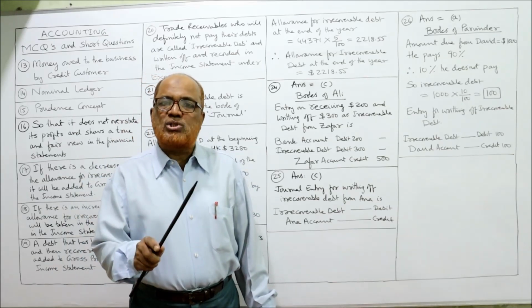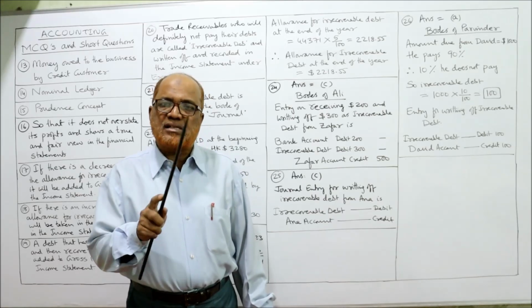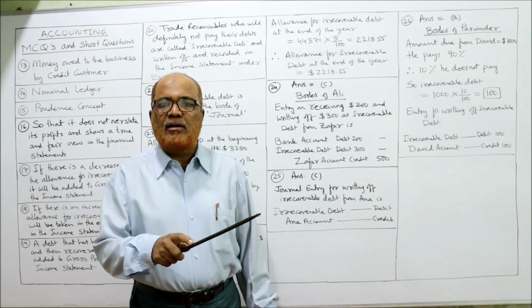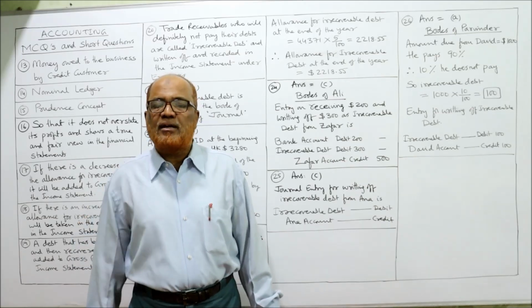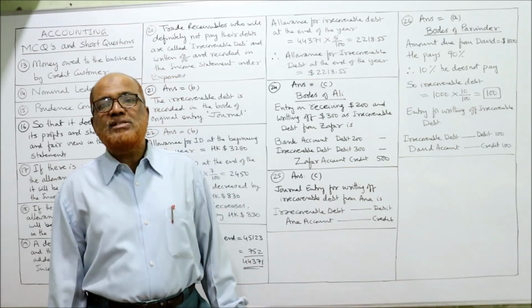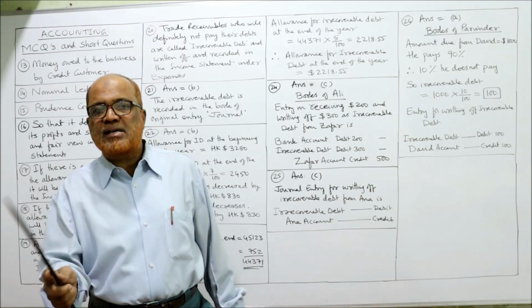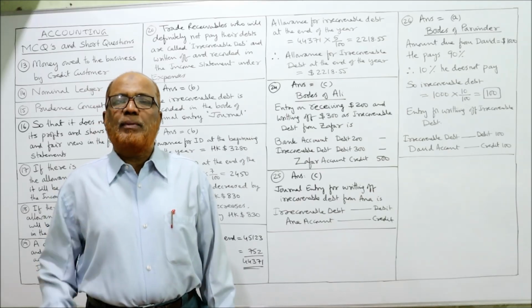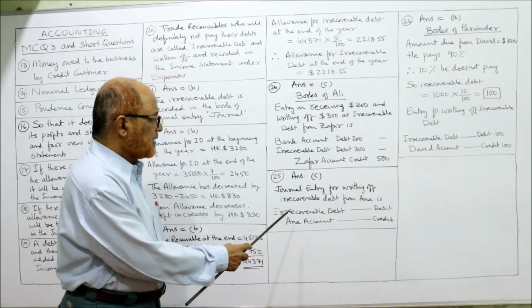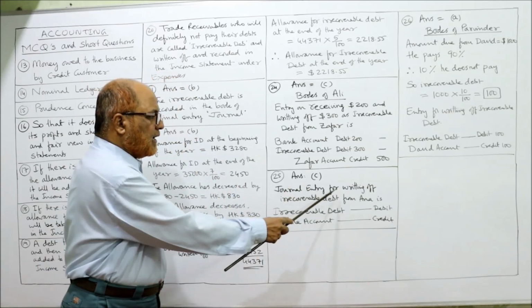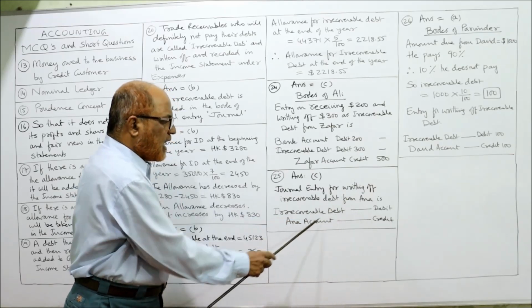Irrecoverable debt is a loss, so it should be debited. And which account is credited? The credit customer, Anna. So Anna's account should be credited. So the entry will be irrecoverable debt debit, Anna credit. The answer is C.